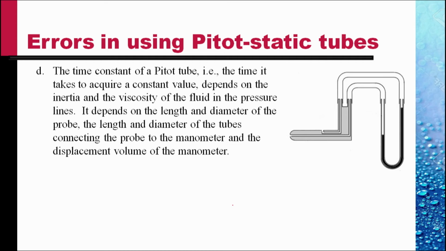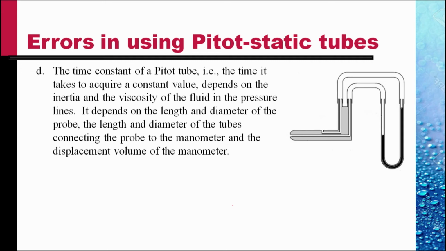Another cause of error is the time constant of the pitot tube. As the pressure changes in the flow, the fluid in the pitot-static tubes and the connected tubes needs to move.